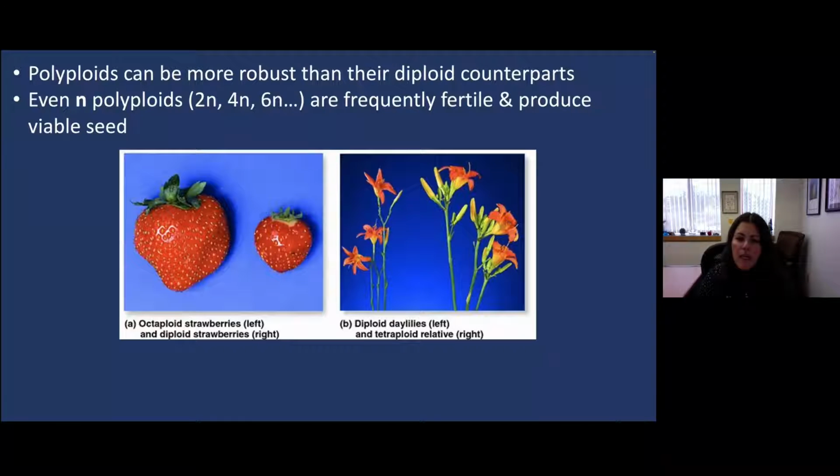When you have an even number of sets of chromosomes, like 2n, 4n, 6n, you frequently have fertile organisms. They can fuse their gametes and produce viable seed. They may have varying fertility rates between the ploidies, but usually within reason.